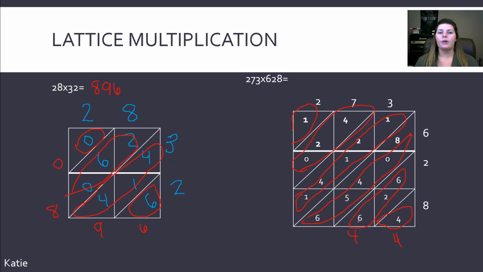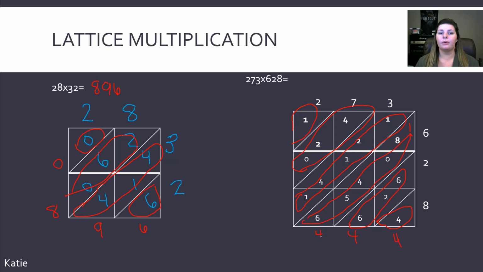Okay, so we have 14, but we can only put 1 here. So what do we do with it? We carry it, okay? So 8, 9, 10, 11, 12, 13, 14, 15, 16, 17, 18, 19, 20, 21, 22, 23, 24.